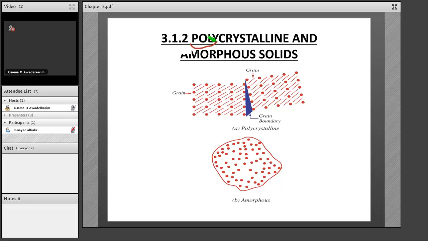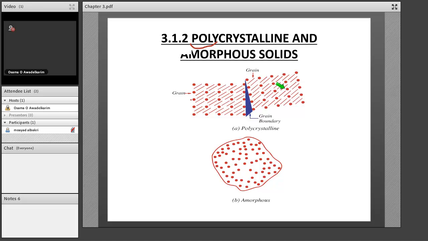Polycrystalline means many crystals. Look at this drawing here, or this schematic here. You can see regular arrays of lattice points, and actually cores, atoms sitting on these lattice points. So there is a single crystal here, and there is also another single crystal here. So we have a single crystal and another single crystal.